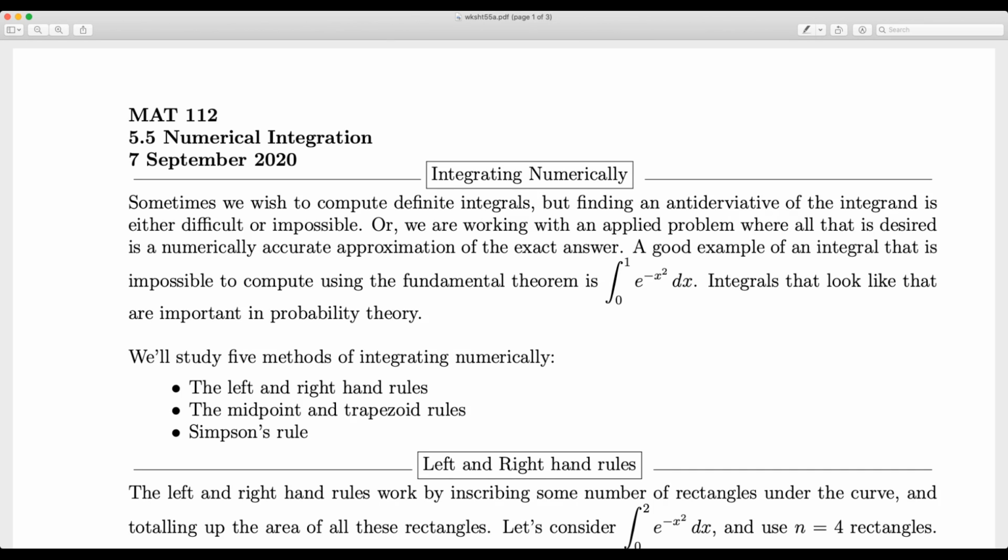Okay, but what about if we want to do an integral that basically is impossible? Or we want to do one, but it's just really impractical to try and find an antiderivative. We don't care. So here's a good example of an integral that you cannot do. Integral from 0 to 1 of e to the minus x squared dx.